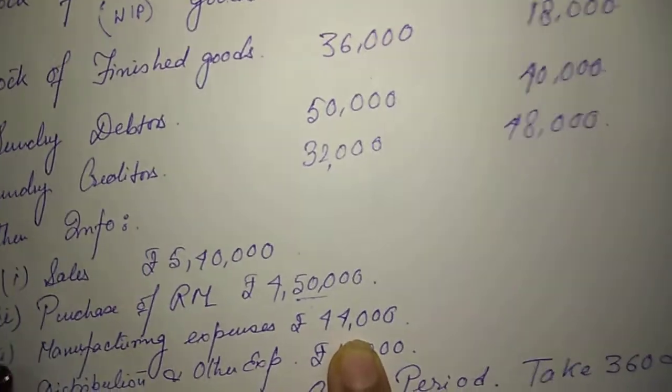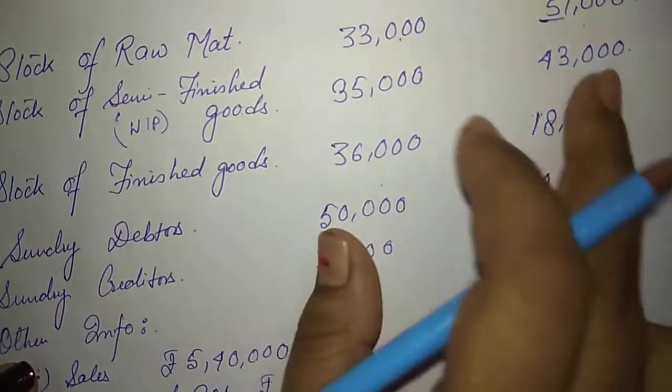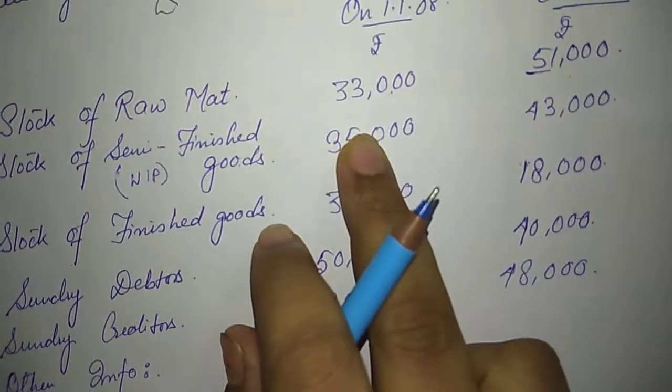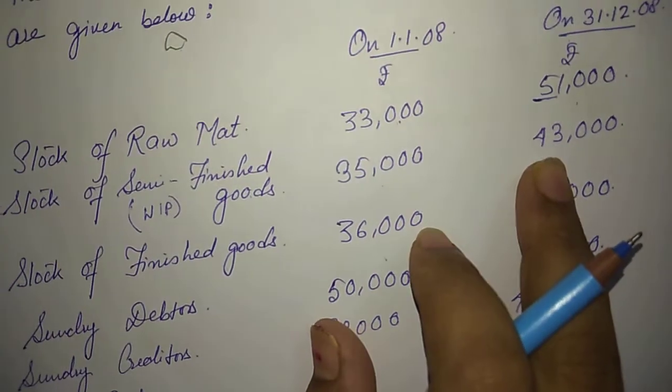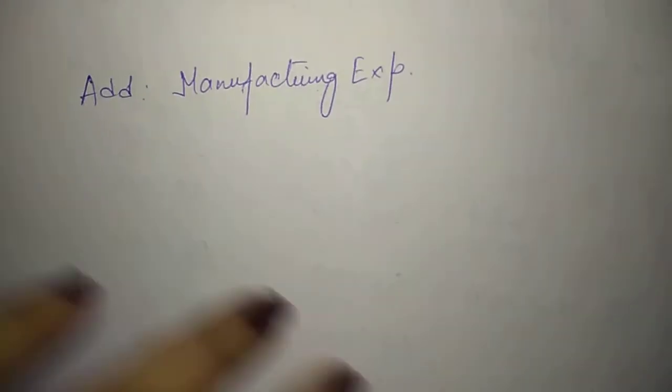And you will first get semi-finished goods, some unfinished goods. So opening semi-finished goods is 35, closing is 43. This is what we have done in cost sheet.